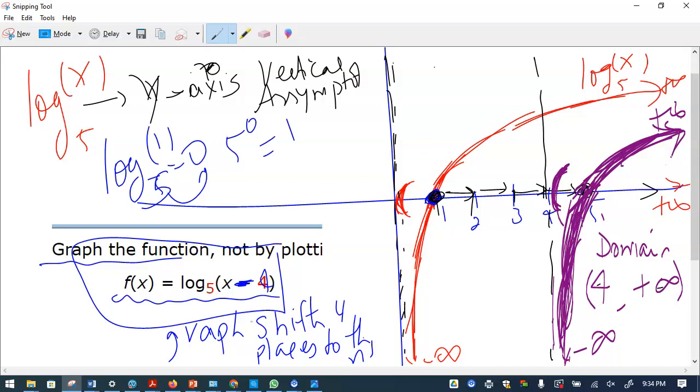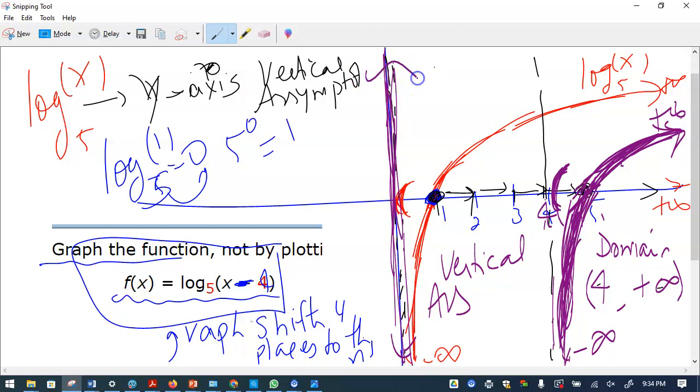And what is the vertical asymptote here? This is the 4. So this was the original vertical asymptote, now it has moved right here. So x equals 4 is the vertical asymptote. Why? Because you can't plug in 4 over here.